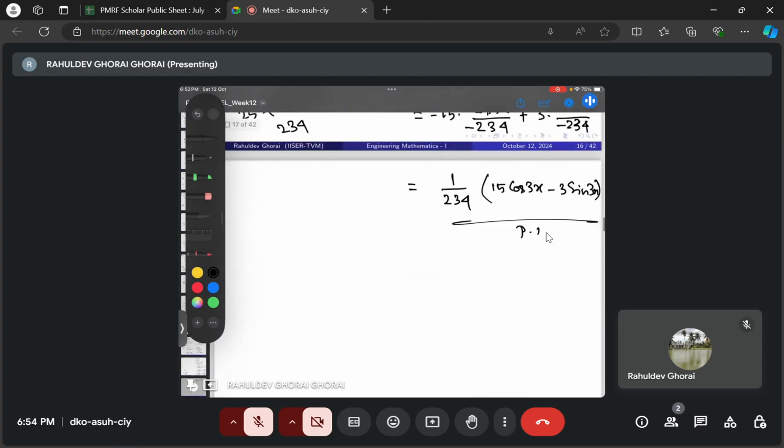The whole solution for the differential equation will be c1 e to the power 2x plus the particular integral, that is 1 over 34 times 15 cos 3x minus 3 sin 3x. Okay, so yeah, you can find out the particular integral when the right hand side is sine or cos.